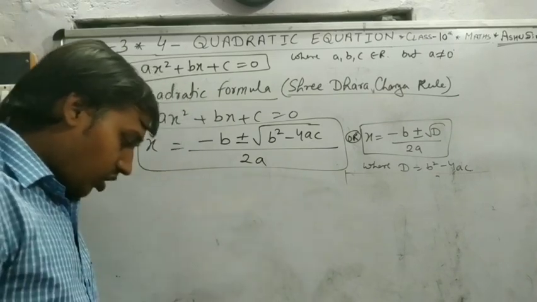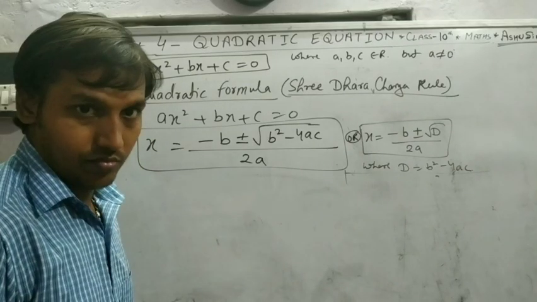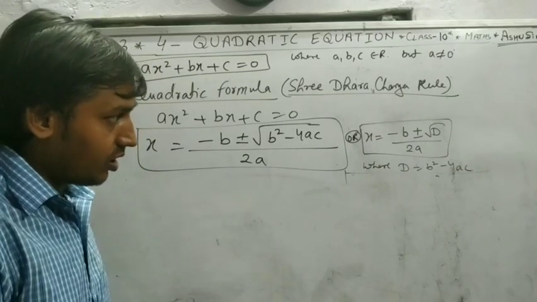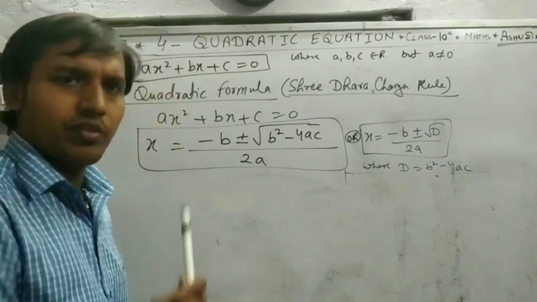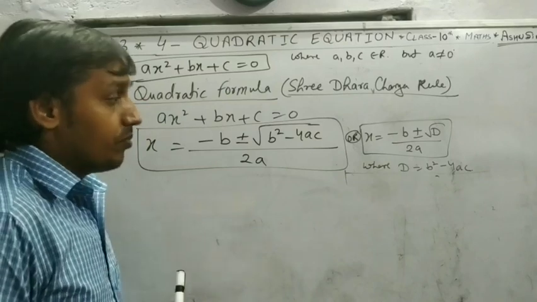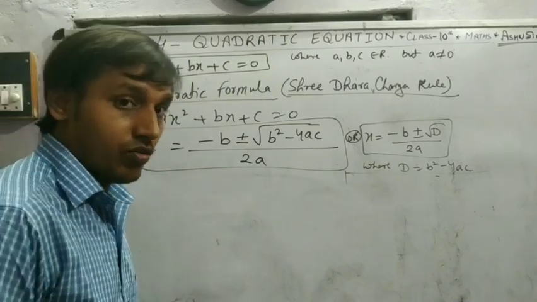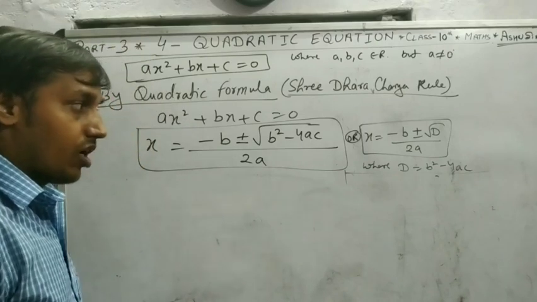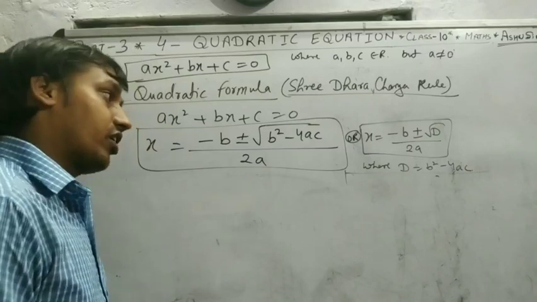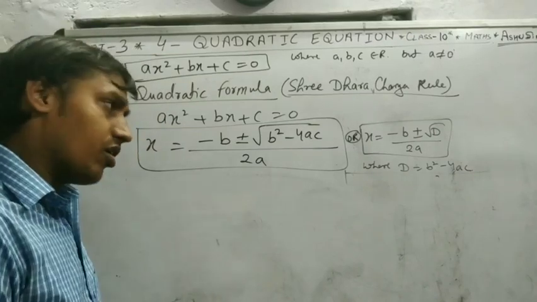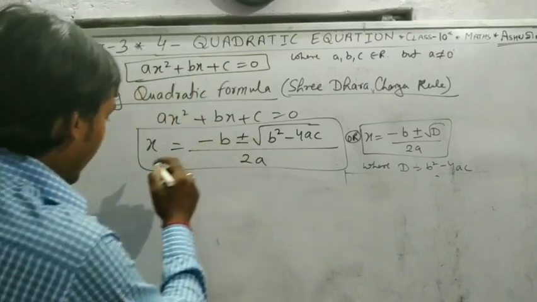In both questions, the value of d is a perfect square. But it is not compulsory that the value of d is always a perfect square. It may be a perfect square, not a perfect square, negative value, positive value, or 0. Many conditions are here. So, we explain them.